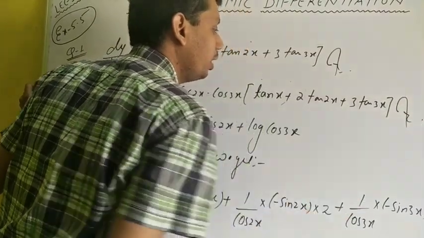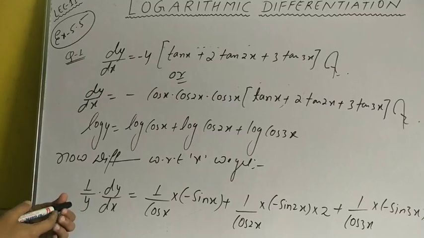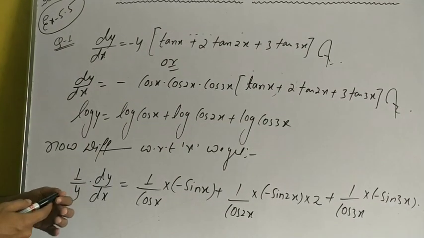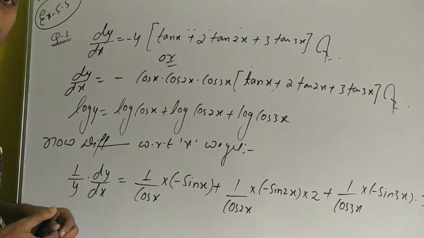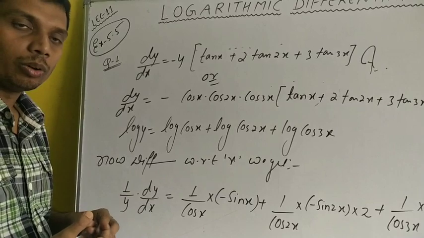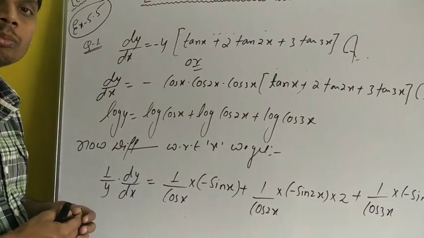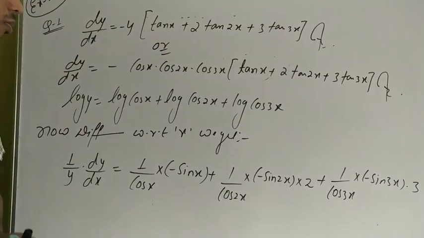So this is the required answer. This is how we solve numericals of this type. We take log and then proceed in order to make the numerical simple, so that our calculation part becomes easier. So this was question number 1.